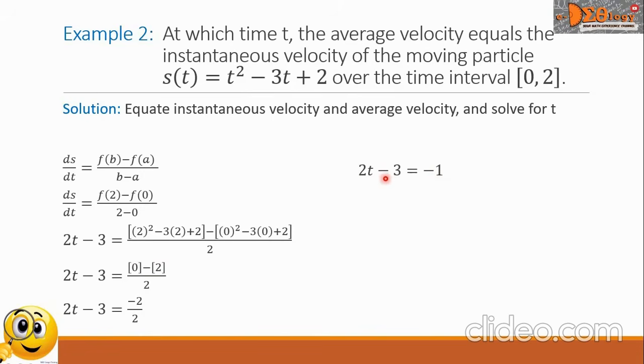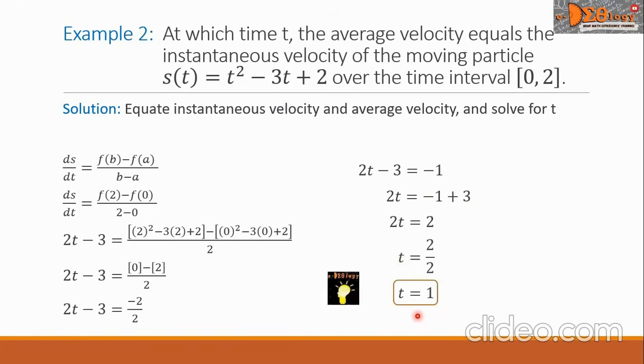Let us transpose this negative 3 to the right side. That becomes positive 3. So on the right side, negative 1 plus 3 is now simplified into positive 2. Dividing both sides by 2, we have t equals 2 over 2, so that t is equal to 1. This is our final answer.